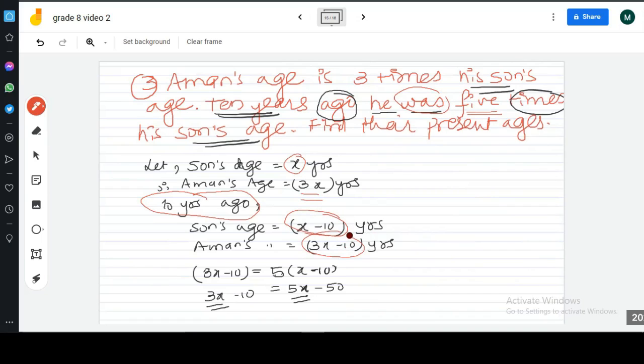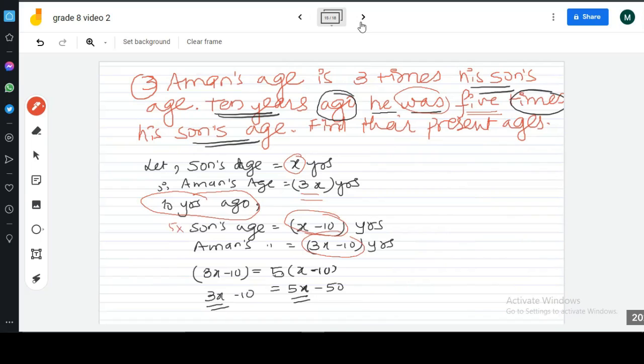So it's so simple, just multiply by 5 and equate these two. So 3x minus 10 equals 5 times (x minus 10). So 3x minus 10 equals 5x minus 50, right? So solve it and you will get the required answer. I will leave the remaining part for you as homework.